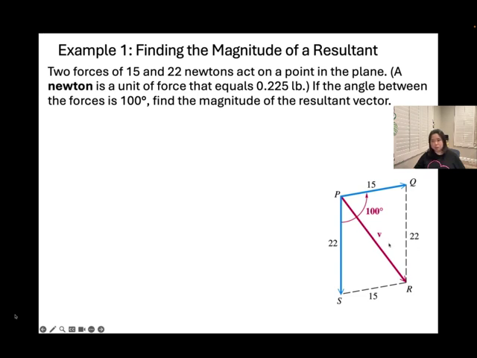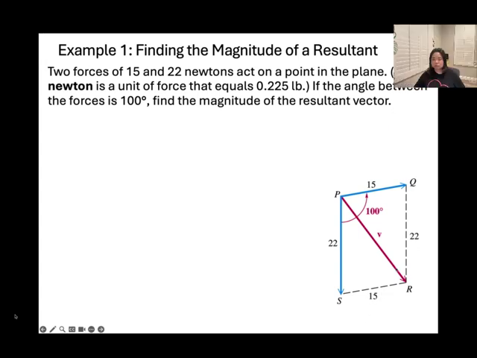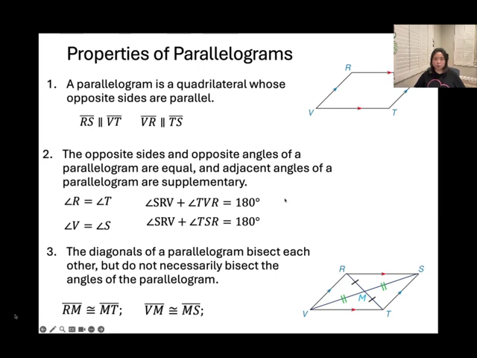Okay. So we're going to look at this triangle. We know PS is 22, SR is 15, and we want to find the magnitude of the resulting vector V here. So first, we want to find the angle S and the angle Q. We're going to apply one of the properties: adjacent angles of the parallelogram are supplementary.